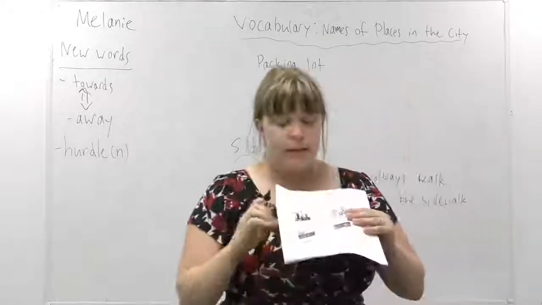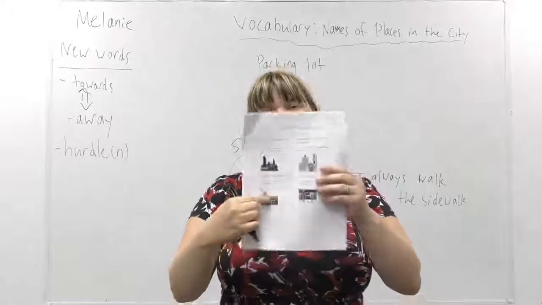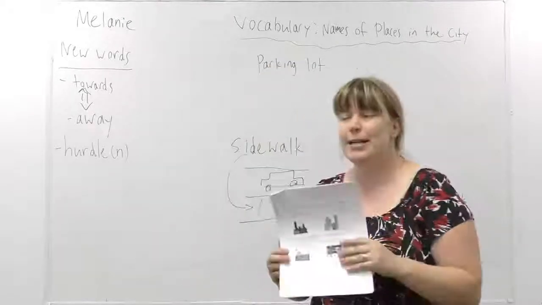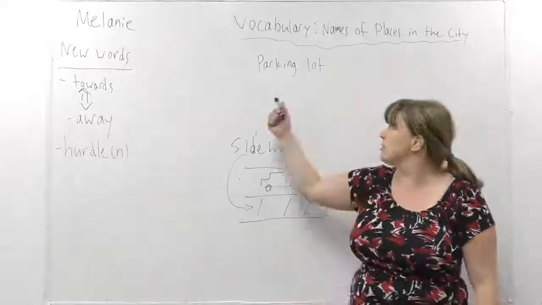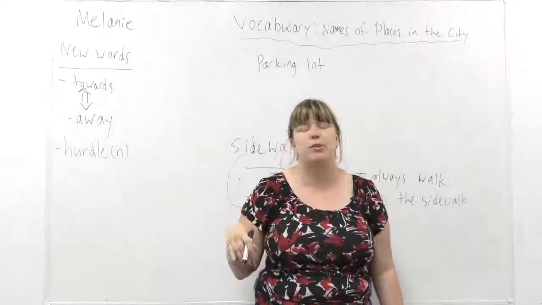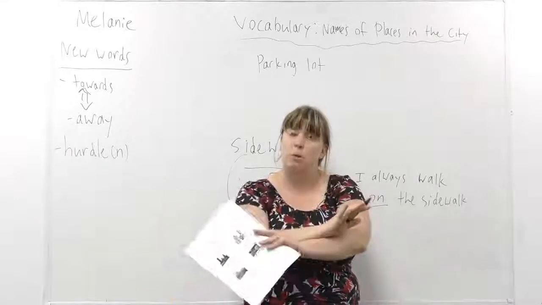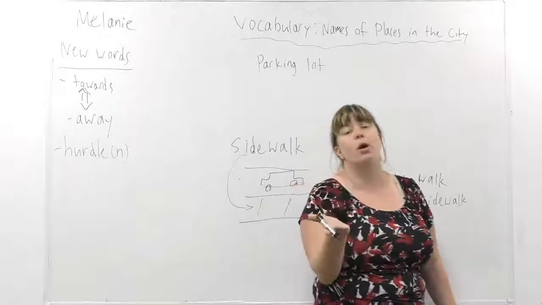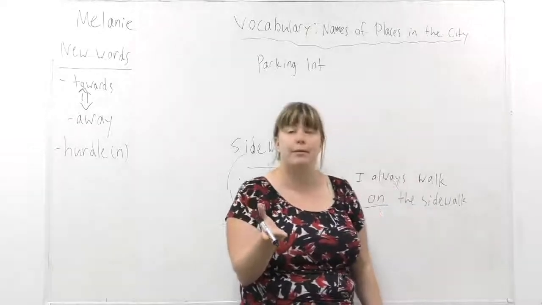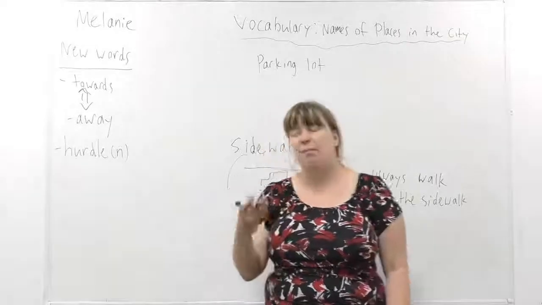So, here you can see, this is basically where you park your car. Pretty self-explanatory. So for example, some buildings in Vancouver, they do have a parking lot, but some don't. Does your building where you live have a parking lot? Mine does. I have a parking lot.